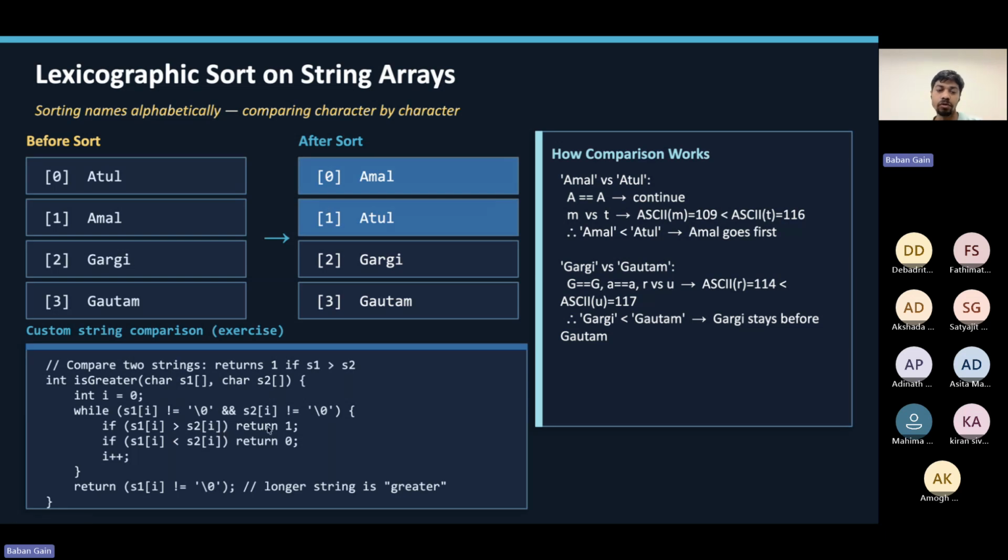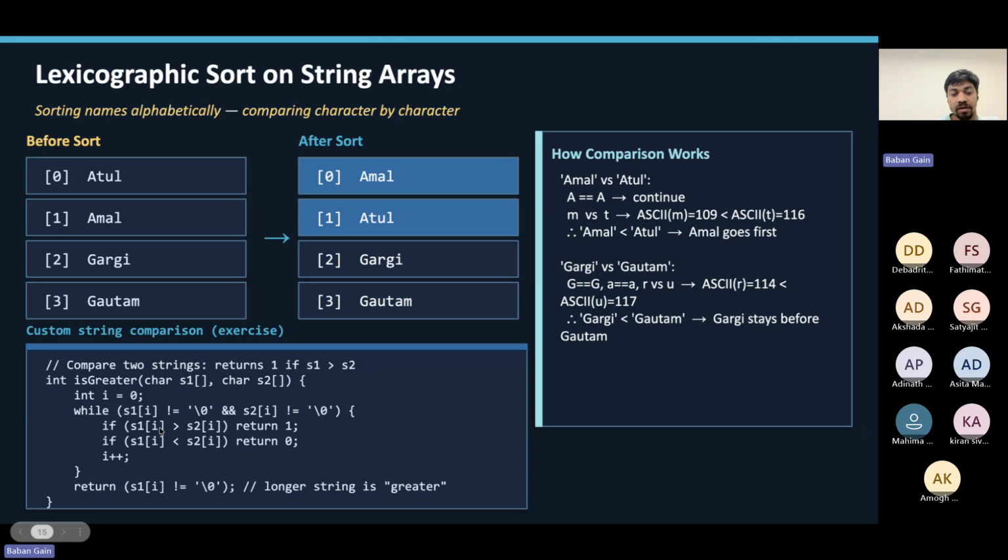So basically there are two strings. I'll return one if the first value is greater, otherwise I'll return zero. So here what we are doing, we are checking the first element. Are they the same?